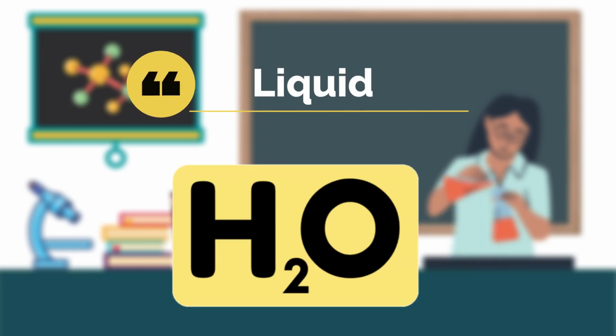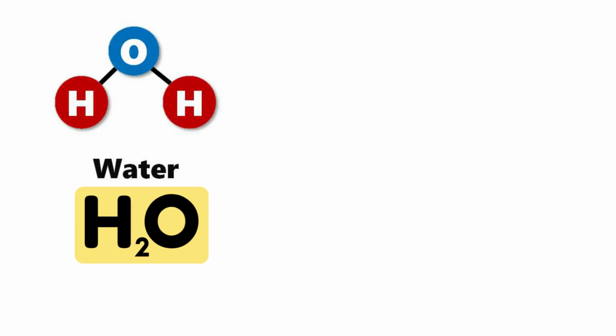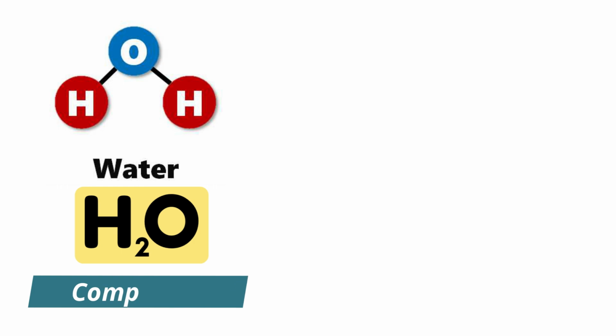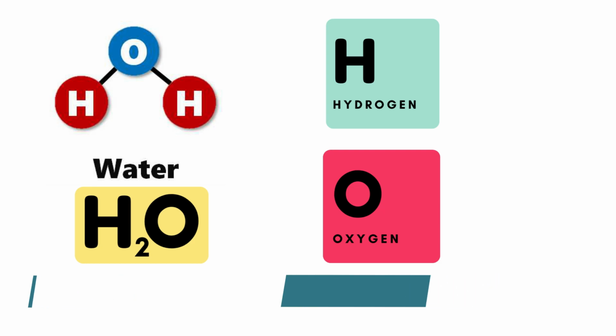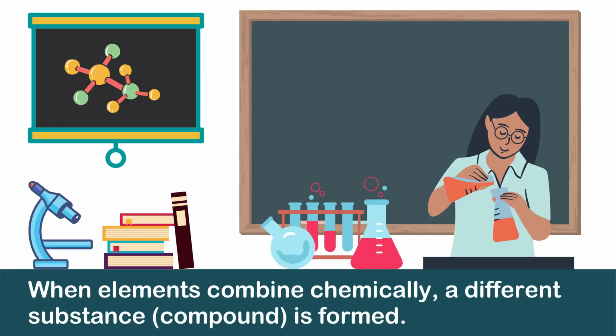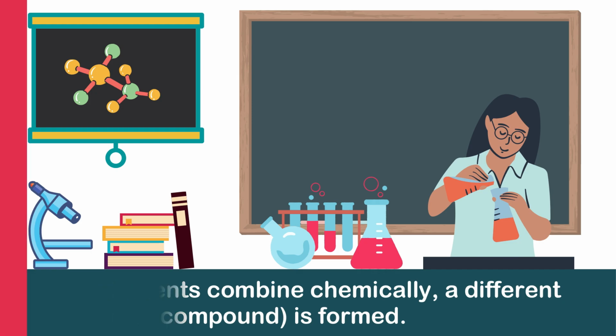Water, on the other hand, is liquid at room temperature. As you can see, the compound water, which is composed of the elements hydrogen and oxygen, has properties that are distinctly different from the elements which it is made of. In other words, when elements combine to form a compound, a different substance is formed.